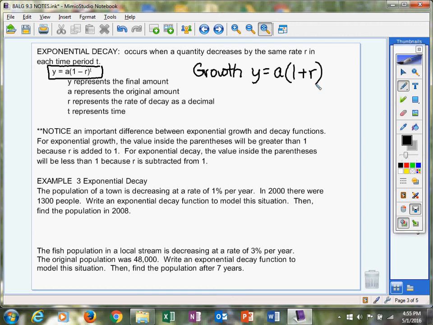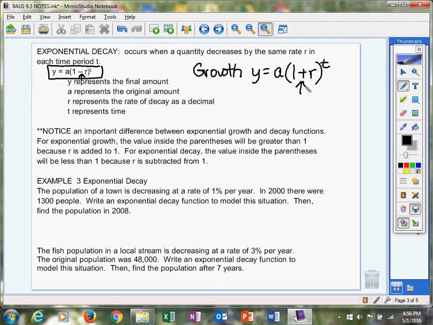And what is the most basic difference between these two formulas? They look almost exactly identical except for one feature, and I bet you see it. Do you see the sign here, 1 minus r for decay, 1 plus r for growth? Remember what I told you in section 9.2.